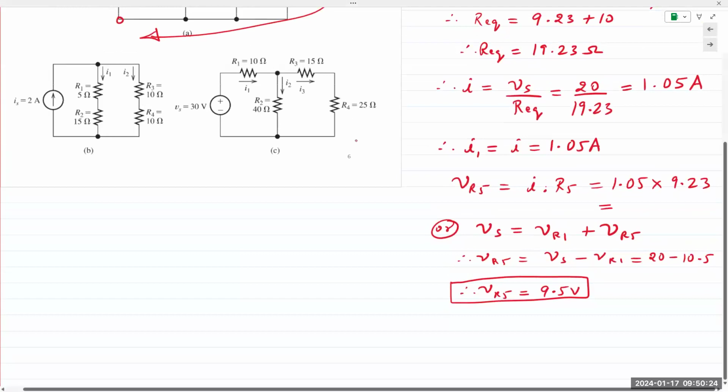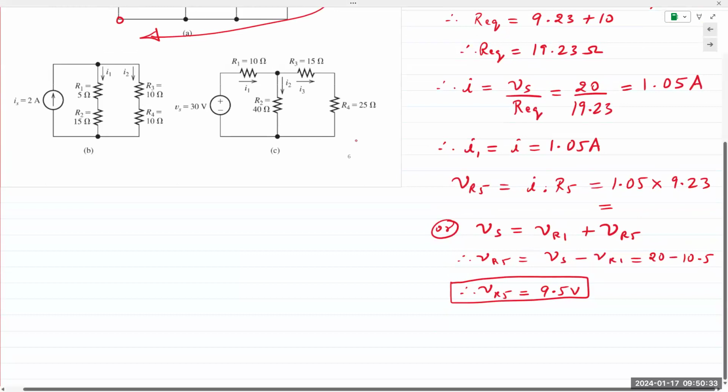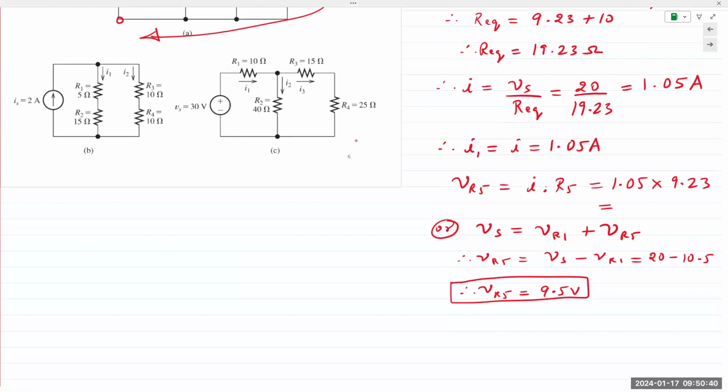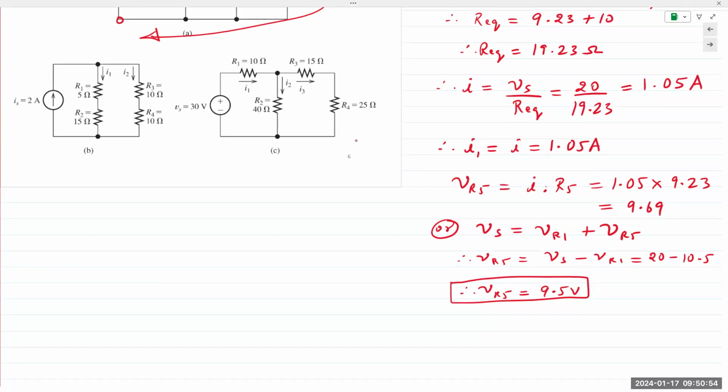I'm pretty certain the other method should also give me 9.5 volts. So 9.23 times 1.05, what do we get? That is fine. 9.69. Because we took 2 decimal places, 9.23. If we had gone longer, maybe 4 or 5 decimal places, these values would have been closer.